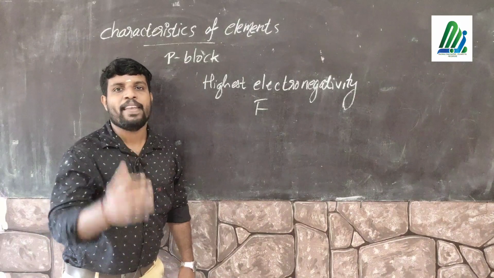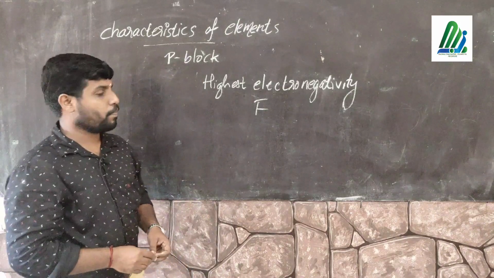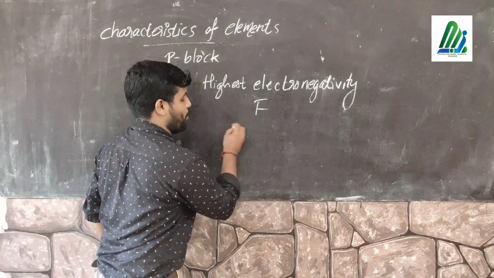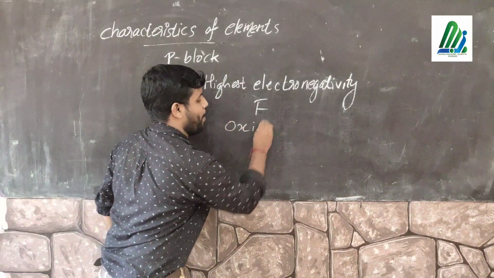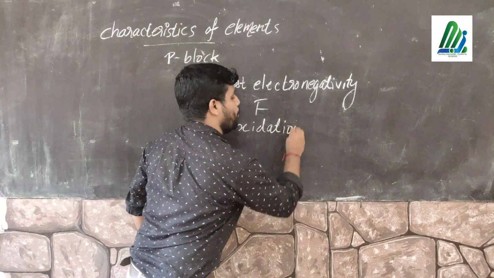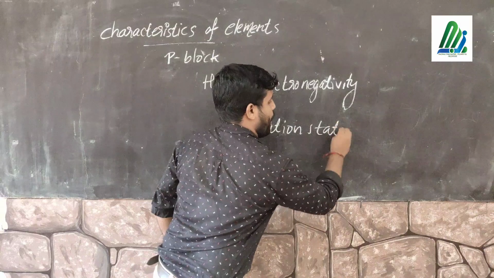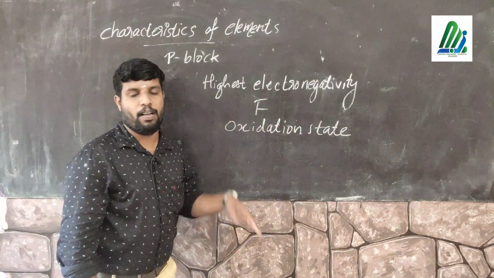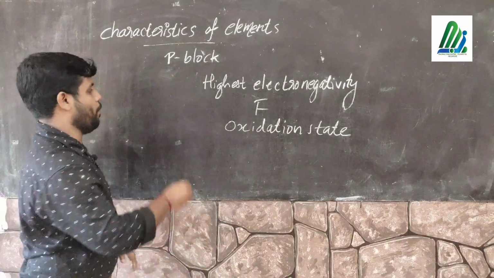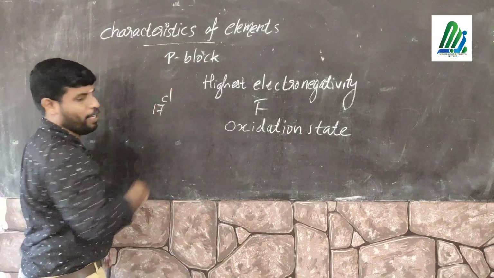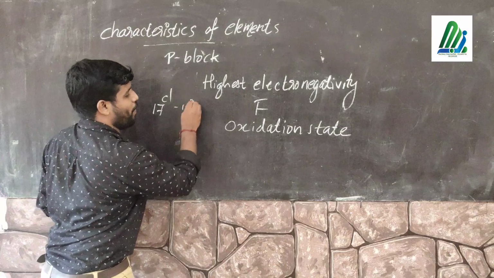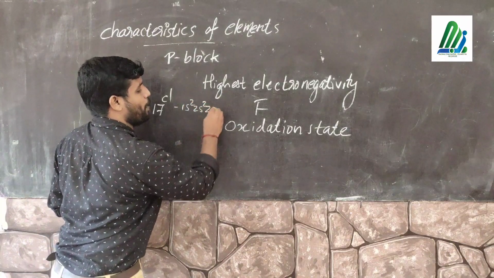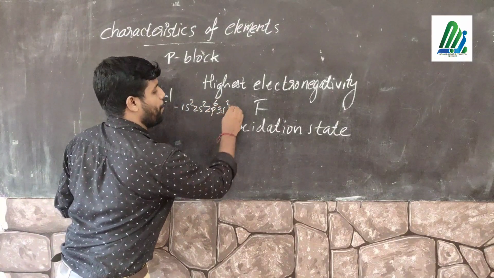Okay, P block elements have a fixed oxidation state. That may be positive or negative, but the number is always fixed. For example, chlorine, atomic number 17, has the electronic configuration 1s2, 2s2, 2p6, 3s2, 3p5.